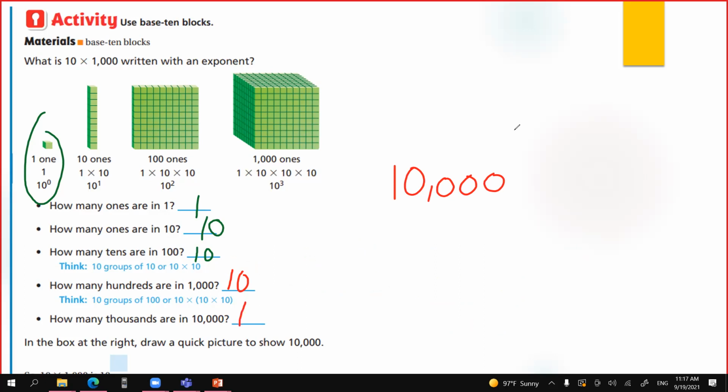It's 10. 10,000 means 10 times 1,000. So it's 10 groups of 1,000. So how many thousands in 10,000? There are 10.